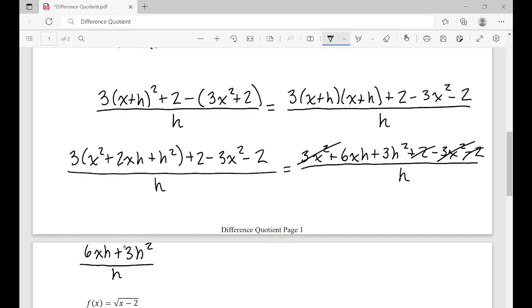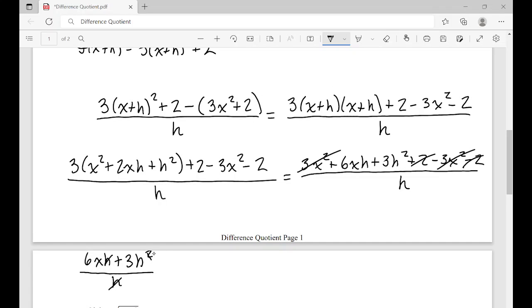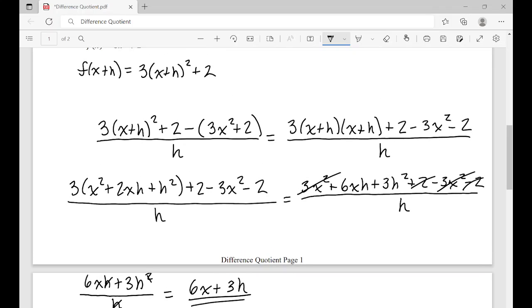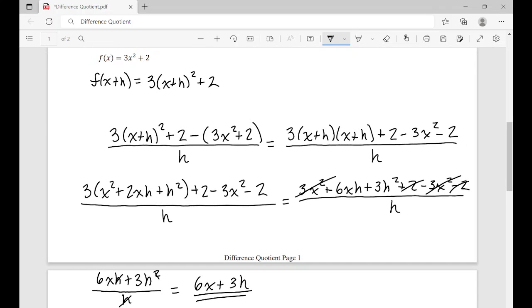Everything has an h, so we can divide an h out of everything. We end up with 6x plus 3h. And that is the difference quotient for this function.